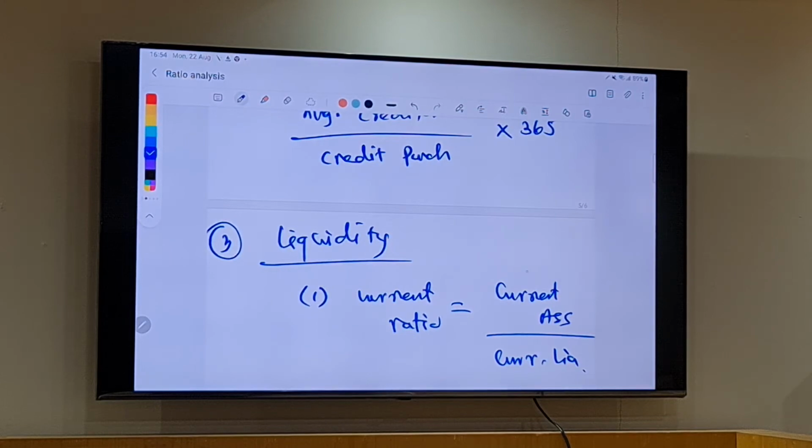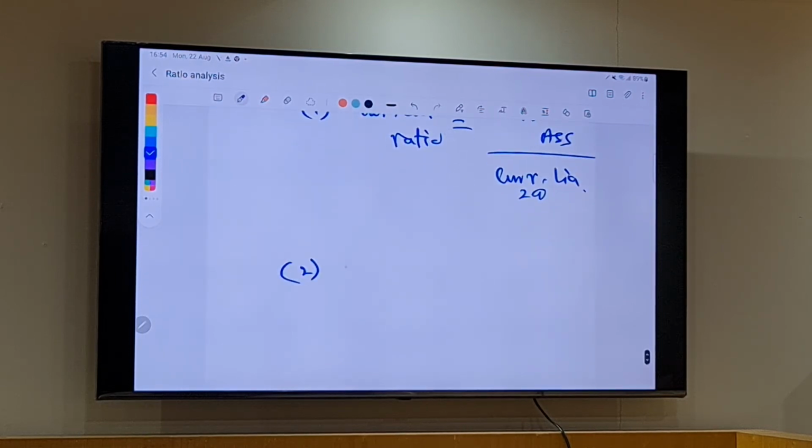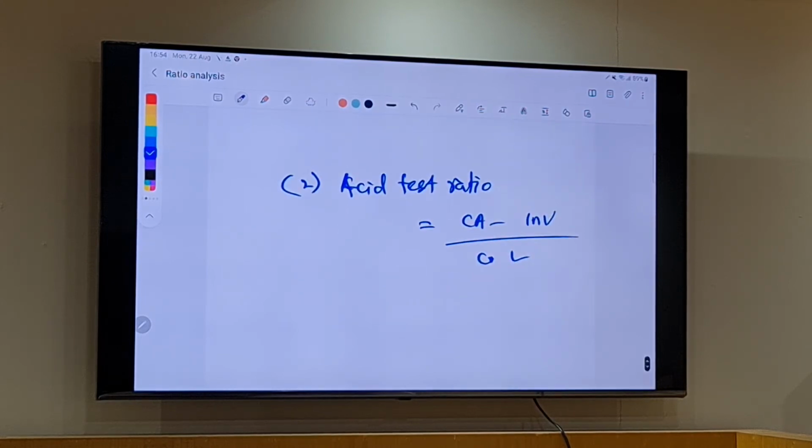For example, current assets 600, current liability 200. What's your answer? 3 times. That's it. Next is acid test ratio, which is current assets minus inventory divided by current liability. Again, you will get the answer in times.